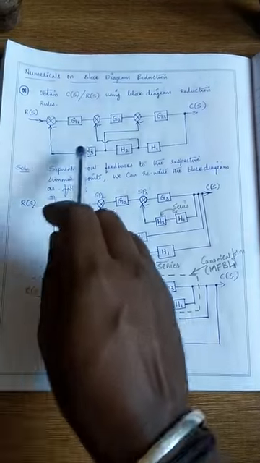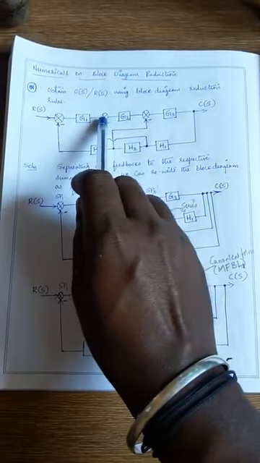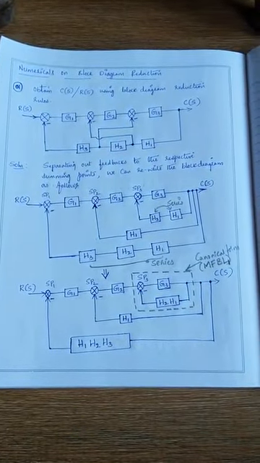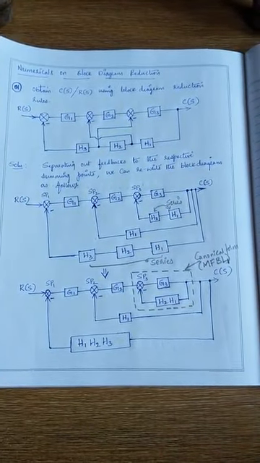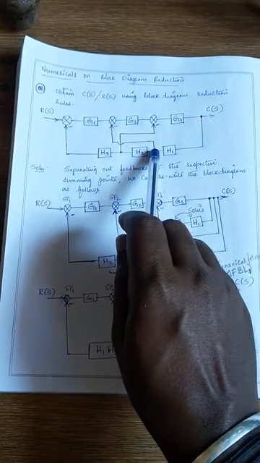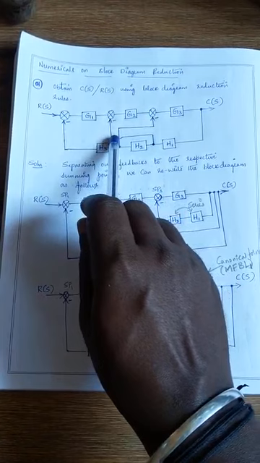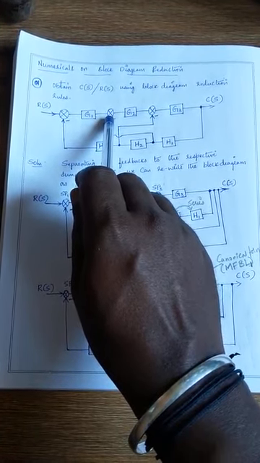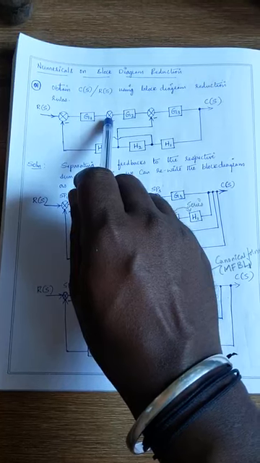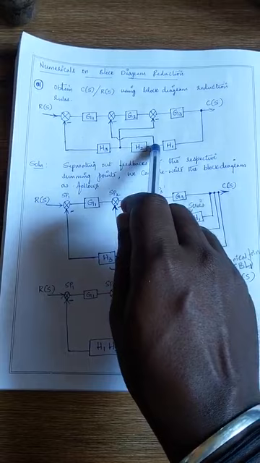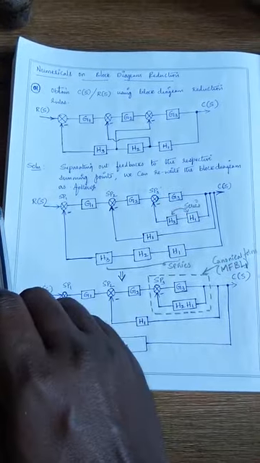How many summing points are there? There are 3 summing points: 1, 2 and 3. Let us see where those feedbacks are going. Now the output of H1 is going to summing point 2. Also the output of H1 is going to H2.